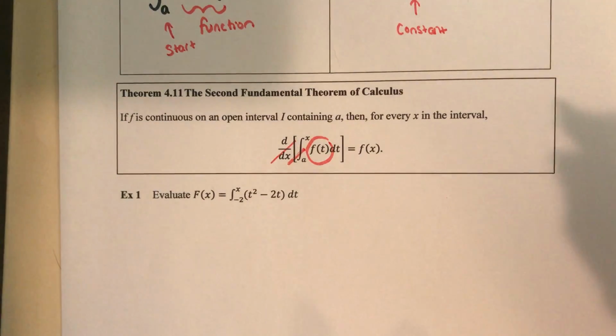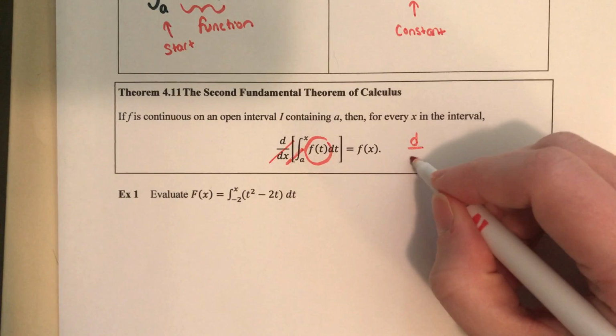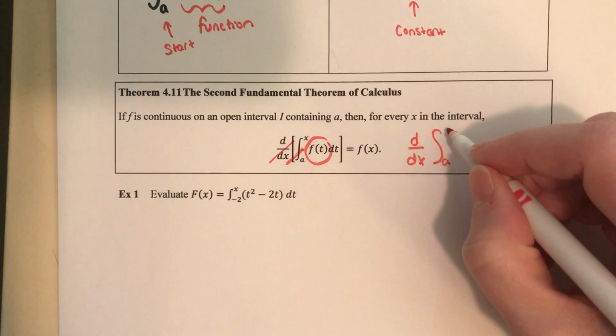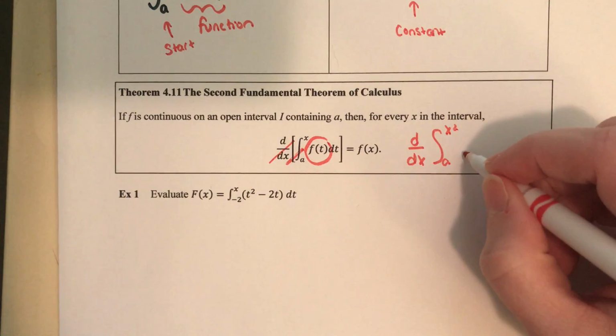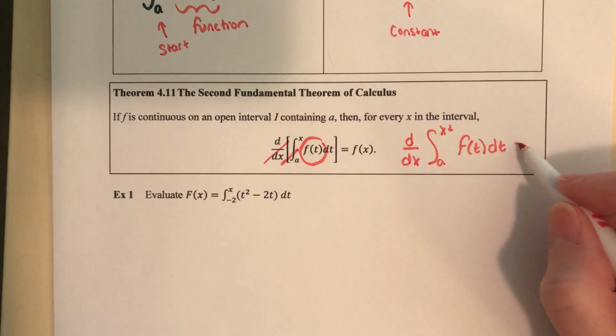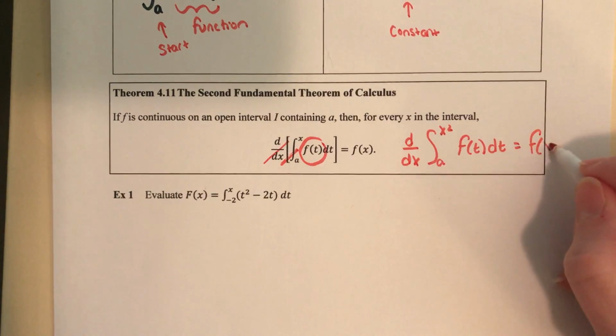Now, one extra part to this, I'm going to add this over to the side, is let's say you take the derivative of an integral and you have something other than x. So let's say it's x squared. You would still cancel out the derivative and the integral, so you would get f of x.